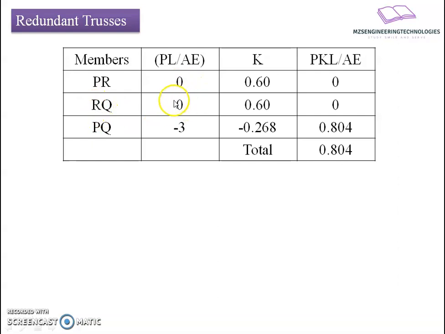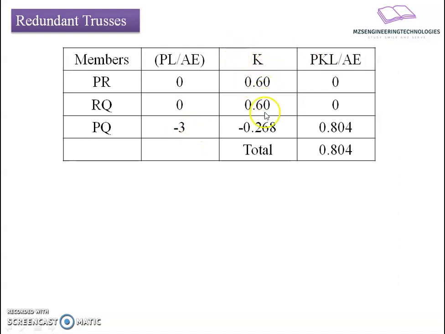Similarly for RQ no deficiency, 0, and for PQ it is short in length, so I put the amount of the shortage, which is the initial deformation given to us, minus 3 mm.